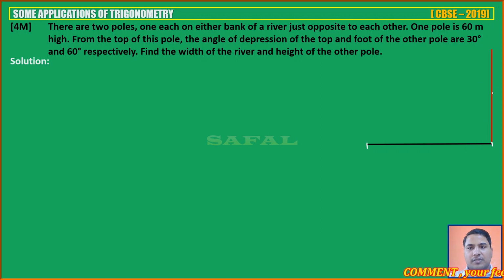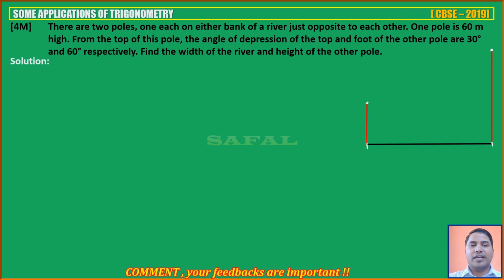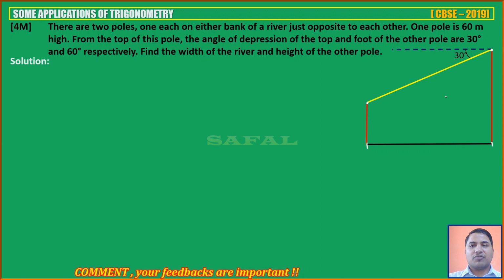Here the red color is the pole having height 60 meters. Now from the top of this pole, that means the observer is somewhere here, the white spot on the screen, the angles of depression of the top and foot of the other pole are 30 and 60. Of course, since the angle of depression is happening, the other pole's height should be less than this pole.